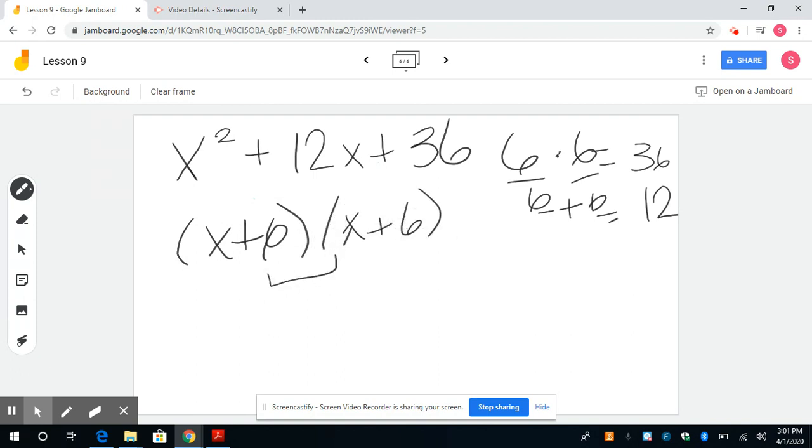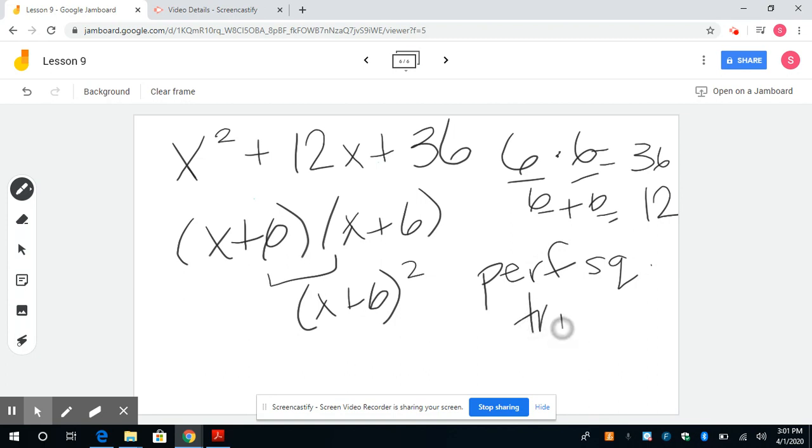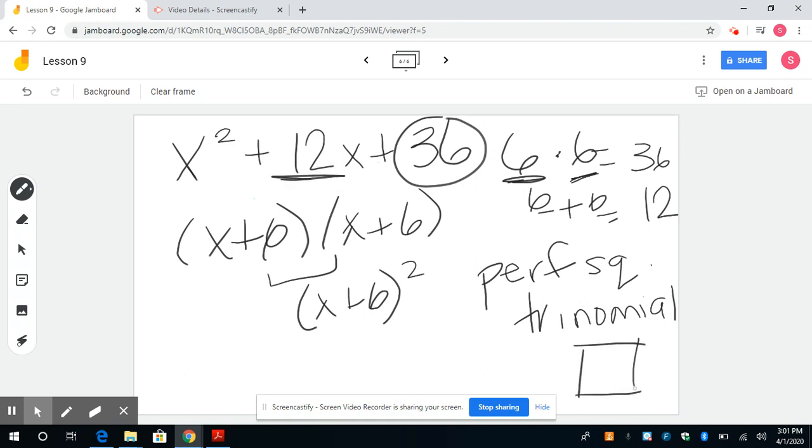But if you have 2 of them, we can make it into x plus 6 squared. This is called a perfect square trinomial because we get the 6 both times. 6 squared is 36. Half of 12 is 6. And if we were to draw this out, we would get the perfect square.